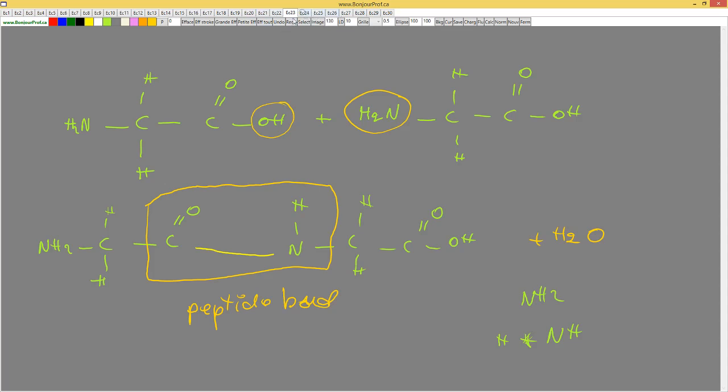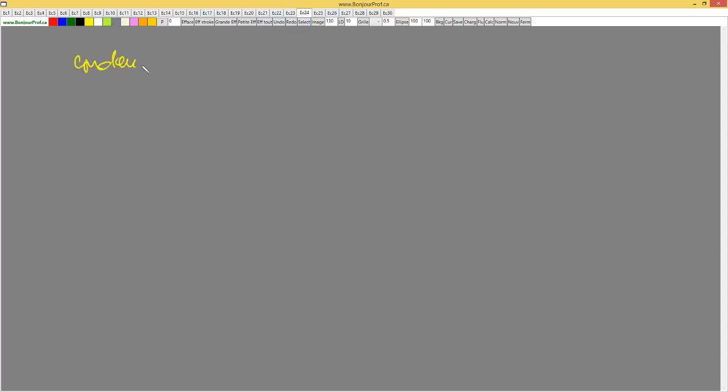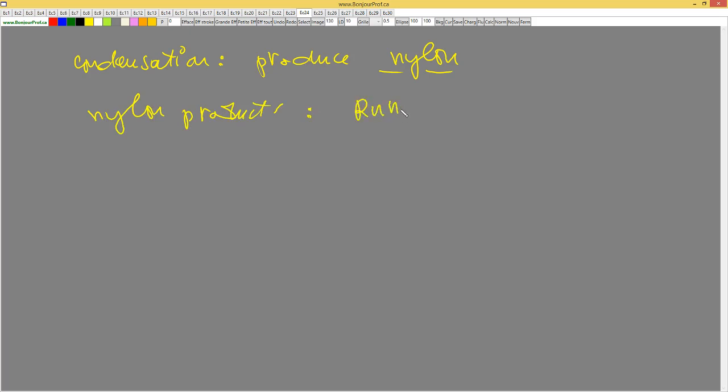Condensation produces, for example, nylon, that we find in a lot of products. We find it, for example, in running shoes, in straps, in toothbrushes, etc. Lots of products that contain nylon.